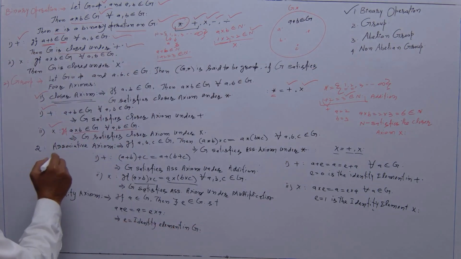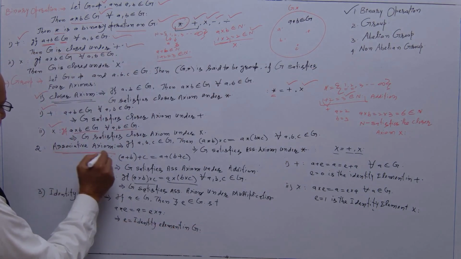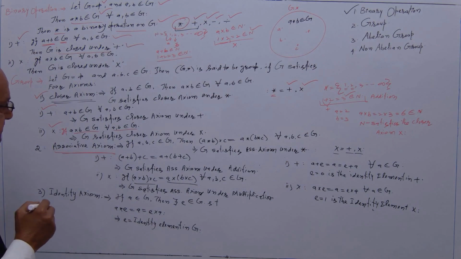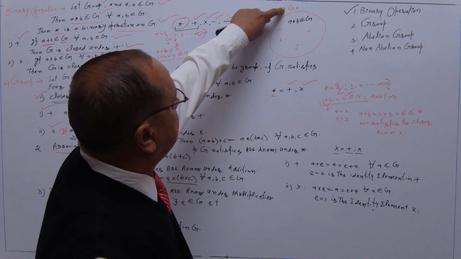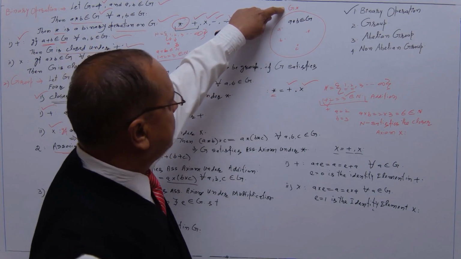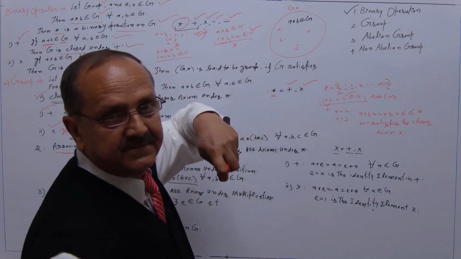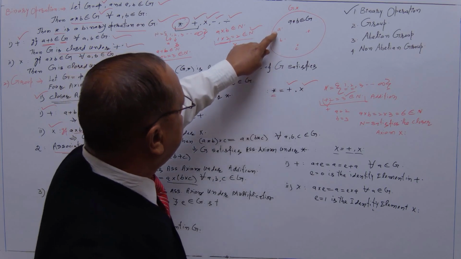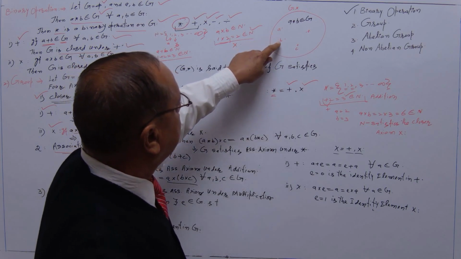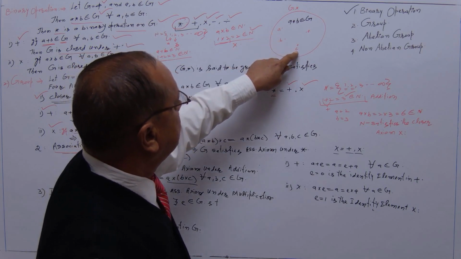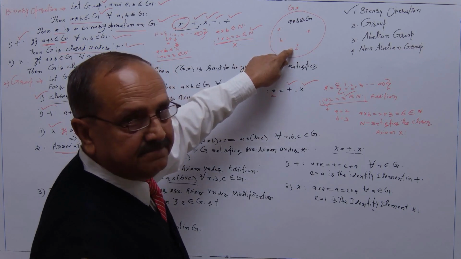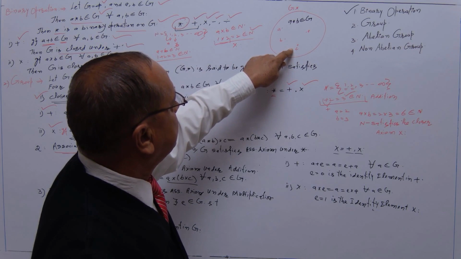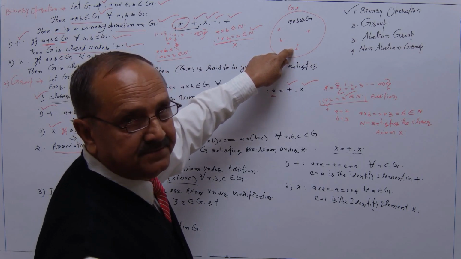Now after this is the second axiom, that is the associative axiom. In this we said that G is a non-empty set, a, b, c are its elements, then a star b, star c must be equal to a star of b star c. Then it satisfies the associative axiom.